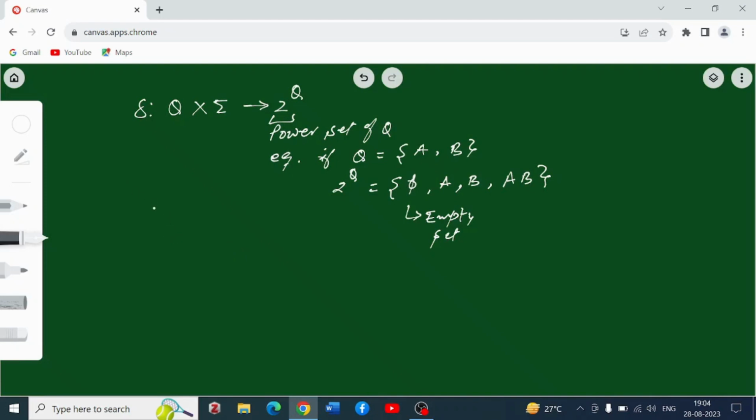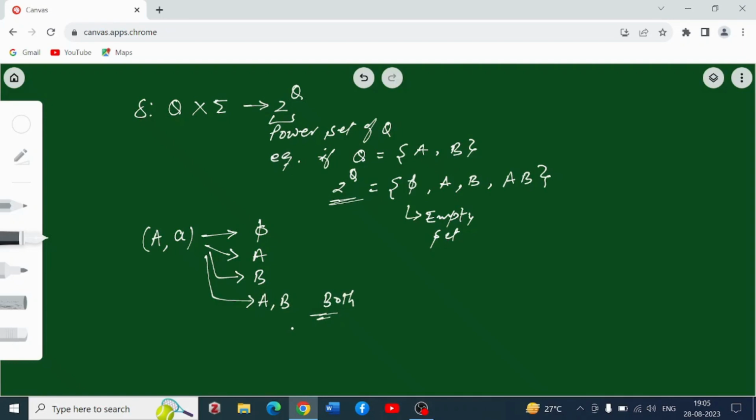It implies that for a particular state, let's say A, and a particular input, for example A, the machine can have transition to the empty set phi, that is the transition is not defined, or the machine can go to the state A after transition, or it can go to the state B, or it can go to the states A and B both.